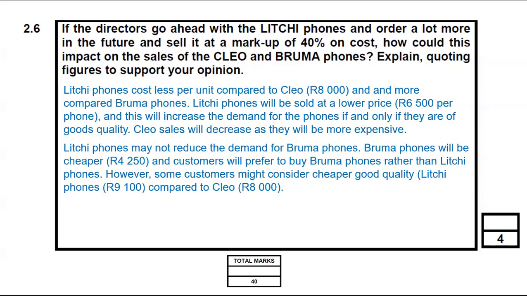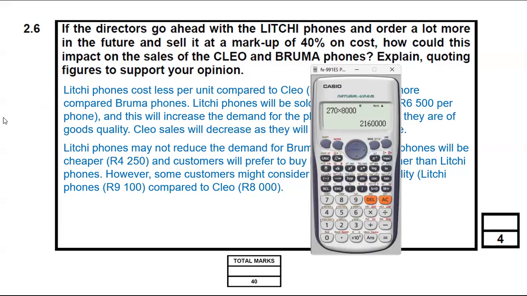It'll cost them 9,100 compared to Clio, which will... well, actually, thinking about it here, Clio is a little bit more expensive. I don't know why I wrote it as 8,000 there. But this is what it will be. It'll be 8,000 multiplied by 1.4. So this is how much it'll cost you.